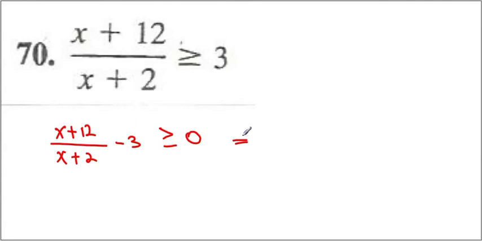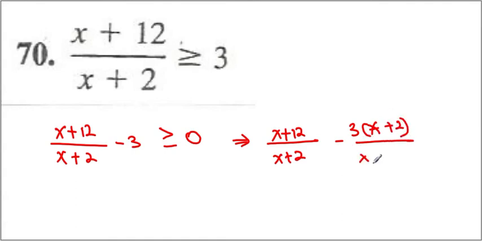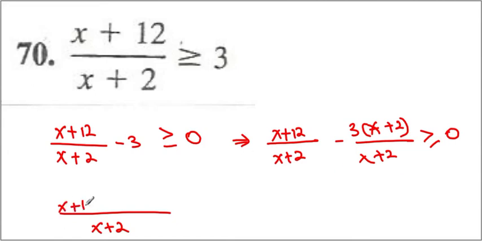Likewise, we make the common denominator here, x plus 2, and x plus 12, and then minus 3 times x plus 2 on top and x plus 2 on the bottom, has to be greater than or equal to 0. Once you combine them together, x plus 2 is still the denominator. On top we have x plus 12, and on the other side we get negative 3x minus 6. Has to be greater than or equal to 0.